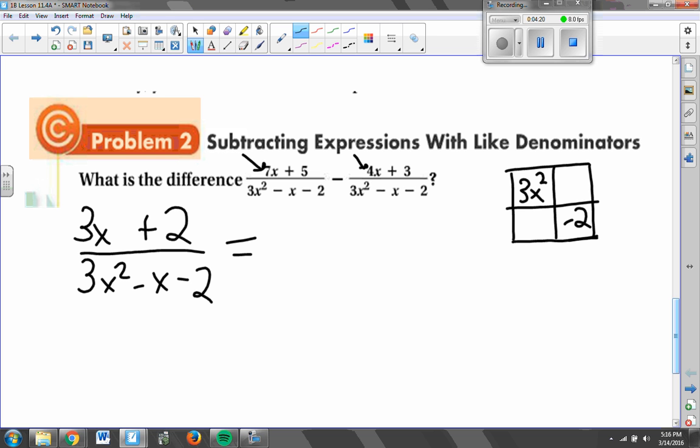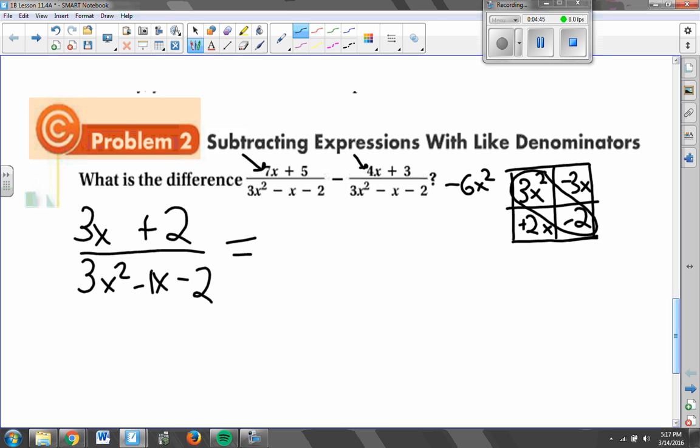And so if I multiply these together, I get negative 6x squared. So I need two numbers that multiply to be negative 6 and add up to be negative 1x. Let's see, negative 3 and 2 would multiply to be negative 6. So I'll put negative 3x there, and I'll put positive 2x there.